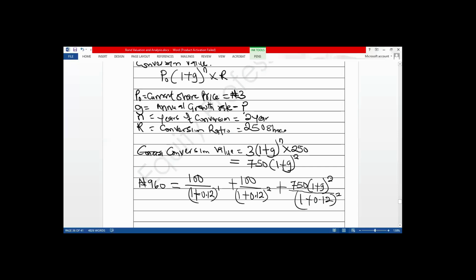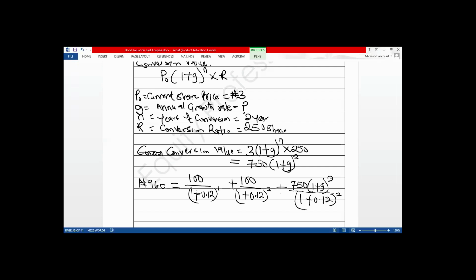Currently, the price of the security is 960. So if I'm going to hold it for 2 years, I will ask myself, what is the cash flow I'm going to get in year 1? What is the cash flow I'm going to get in year 2? I will now discount that cash flow to my present value. If I discount it, it must equal the value I'm going to get now, which is 960.